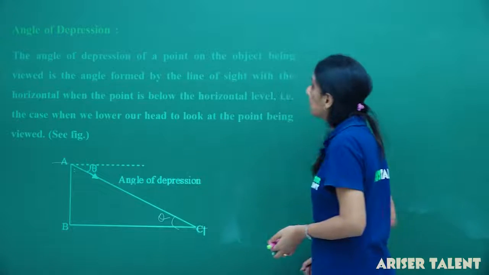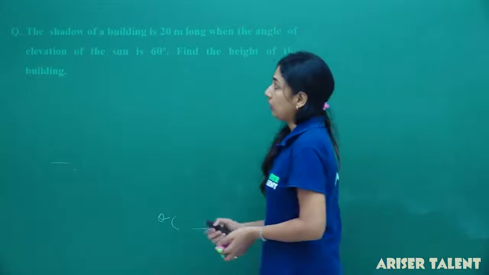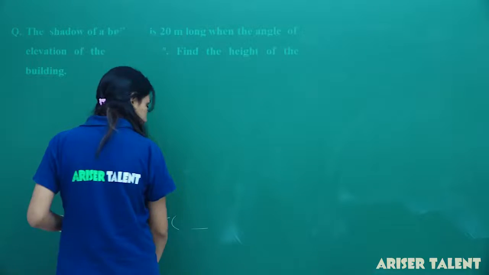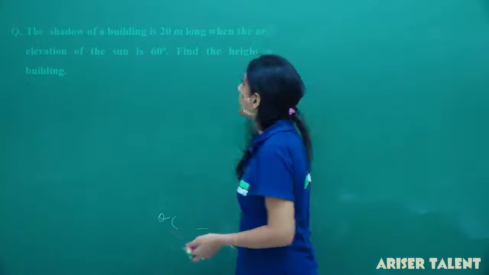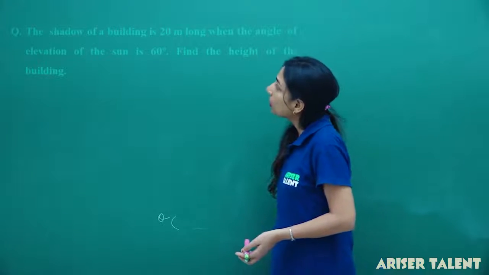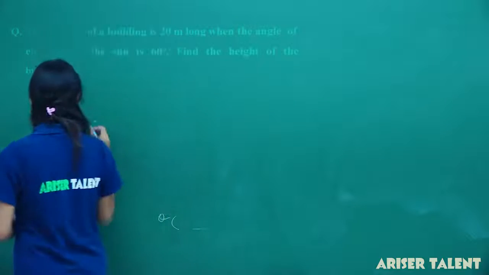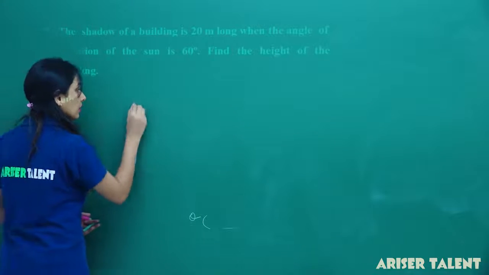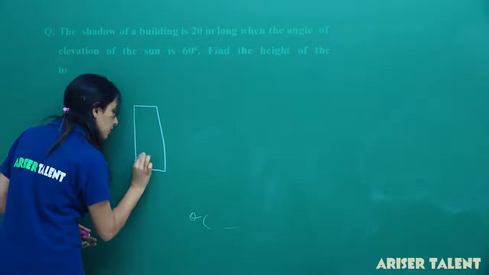Now, next is what? Next is the question. Question based on the same thing we were studying. So, here the shadow of a building is 20 meter long. Now, the shadow of a building, talking about a beautiful building here. Let's assume it's beautiful.